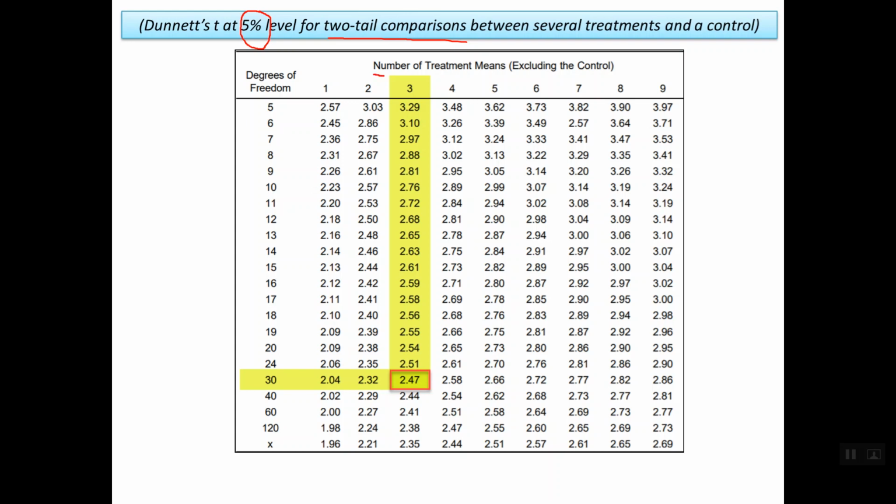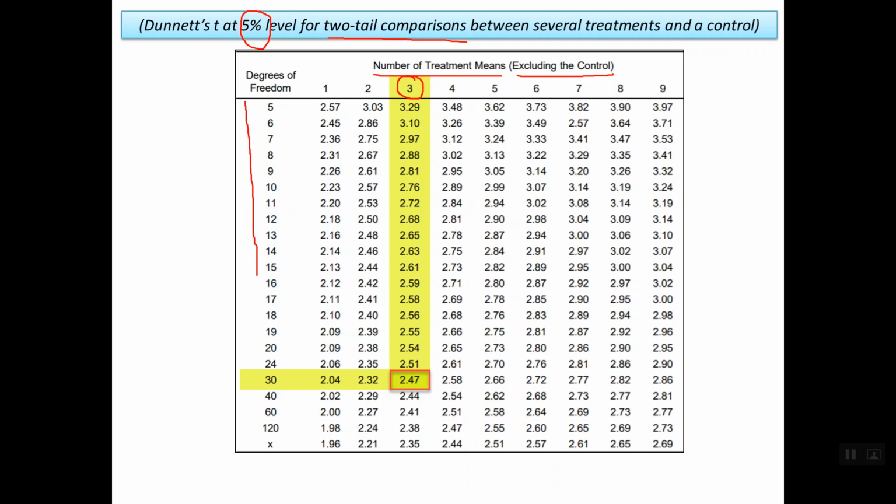the number of treatment means, excluding the control. So we have 3 new methods, and we should exclude the control one. So we select here 3.